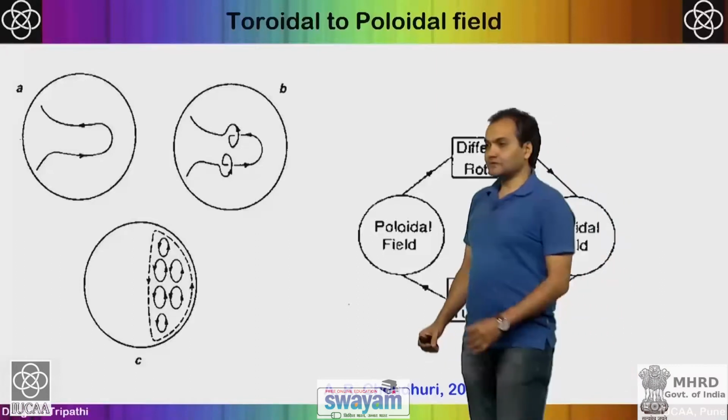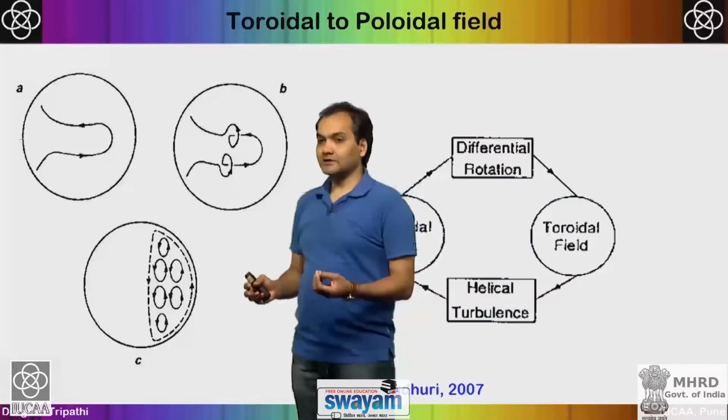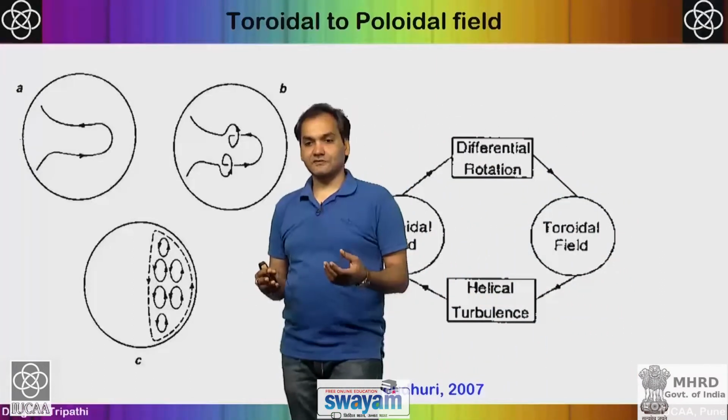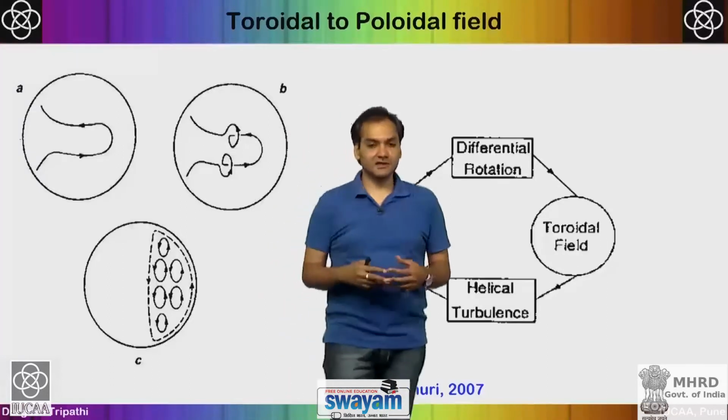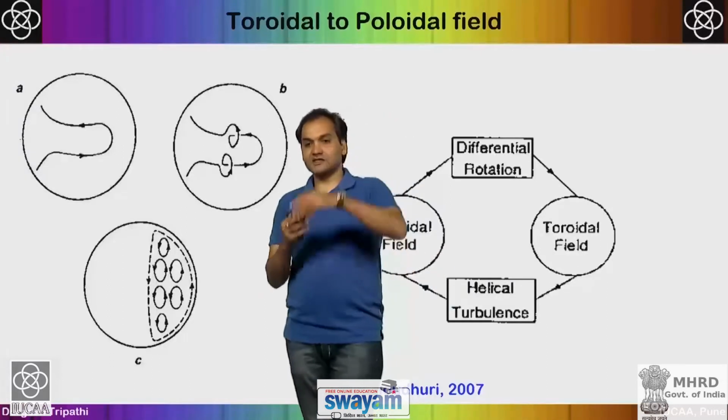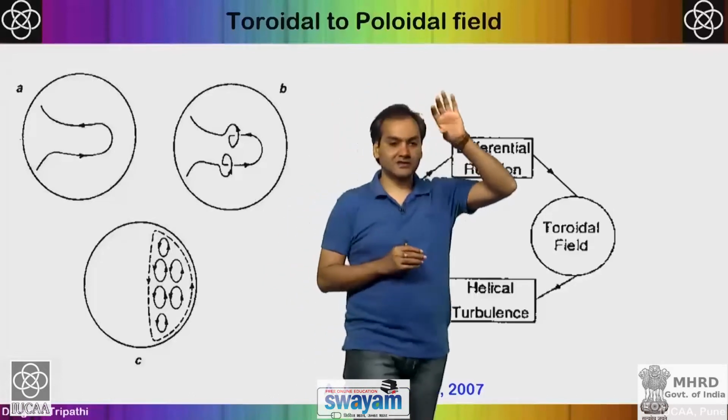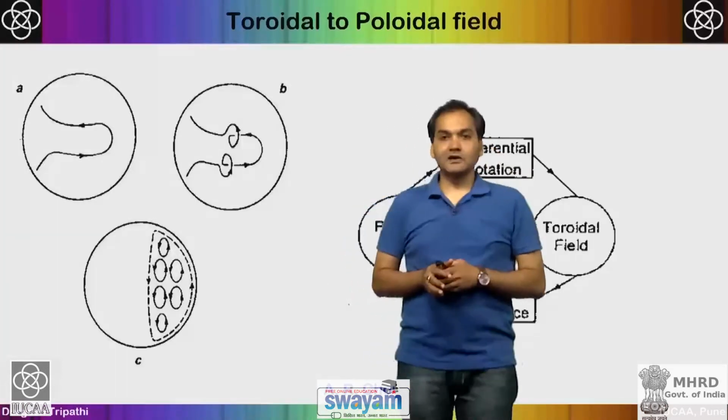Now, that is how you create a sunspot, but how do the sunspots then disappear and go back, because you have to change the whole pole completely from north to south and south to north?